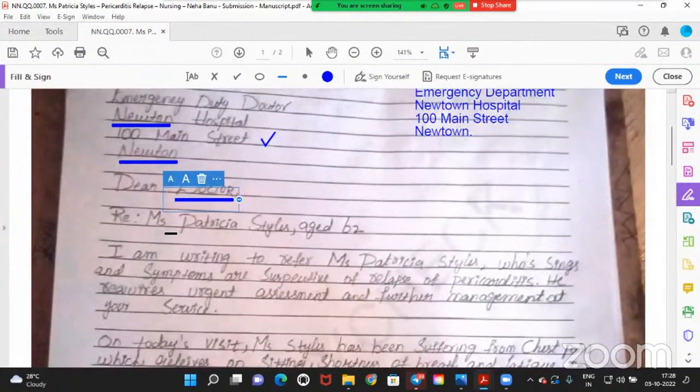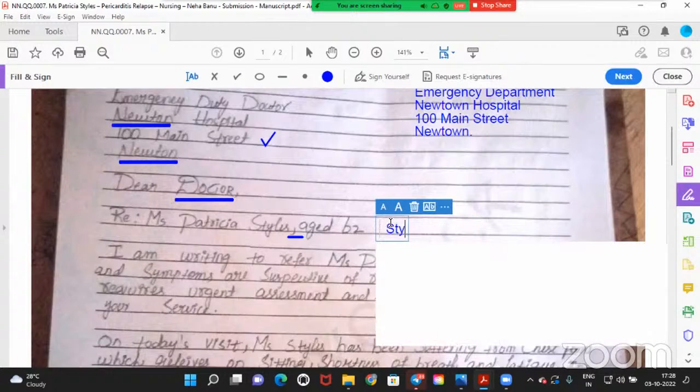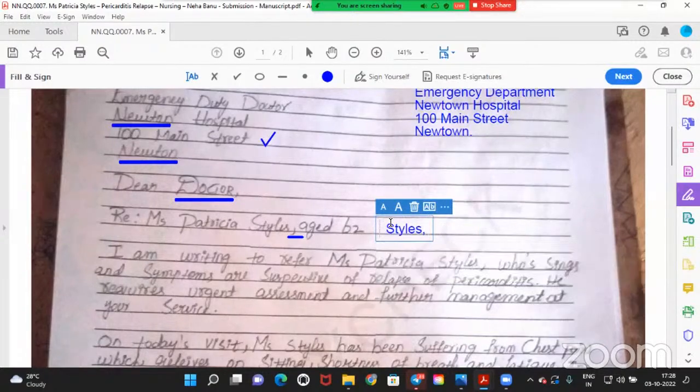Next one, regarding Miss Patricia Styles, aged 62, comma. Comma should be immediately after Styles. It should be like this: Styles, comma, space, aged.